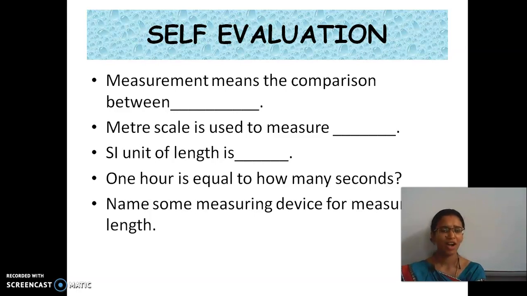And then 1 hour is equal to how many seconds? Just do it. For that first you want to write what? 1 hour is equal to 60 minutes, right?